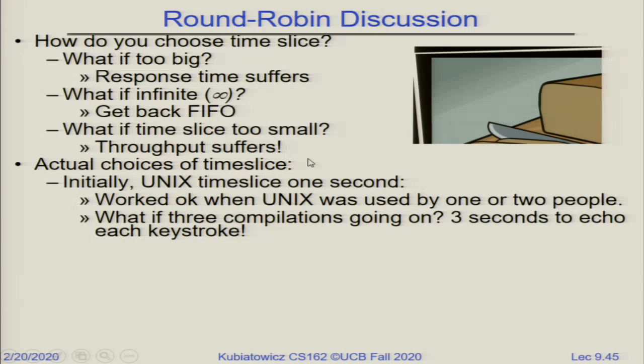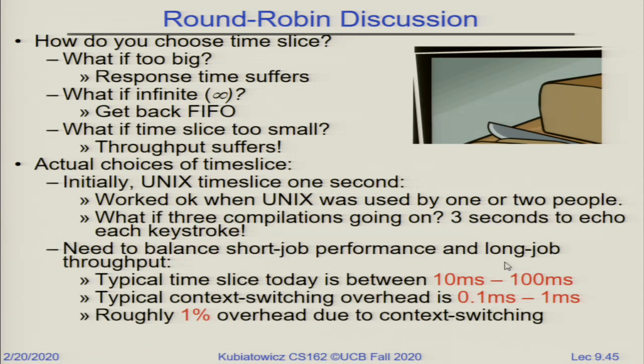Okay? The actual choices of time slices, this is a little amusing. So when Unix started out, they often had the swapping time was a second. So that's okay maybe when one or two people are going, but imagine two of you are typing furiously and it's putting your character up every second. You might get annoyed pretty quickly, right? So you need to balance short job performance and long job performance.